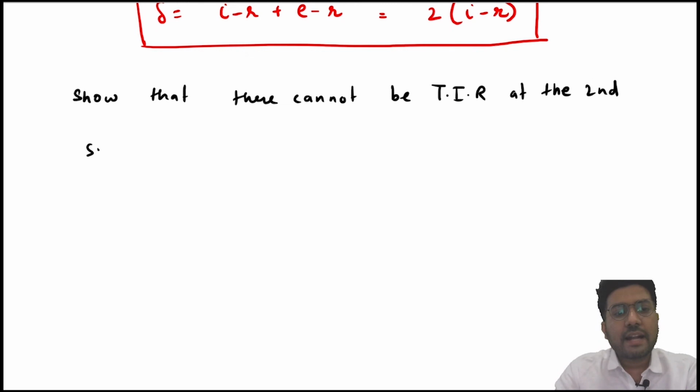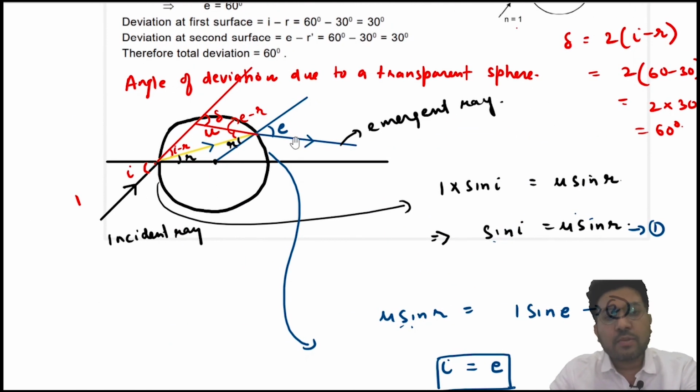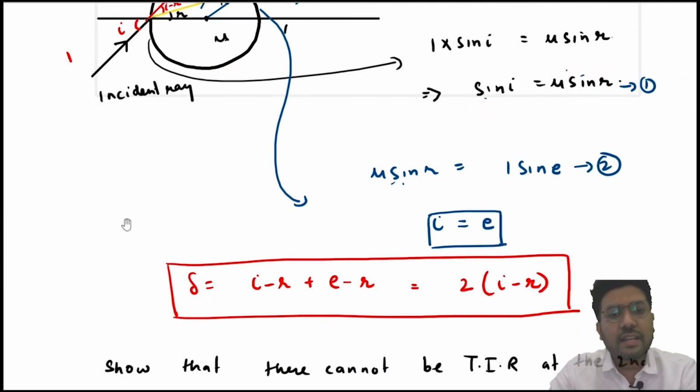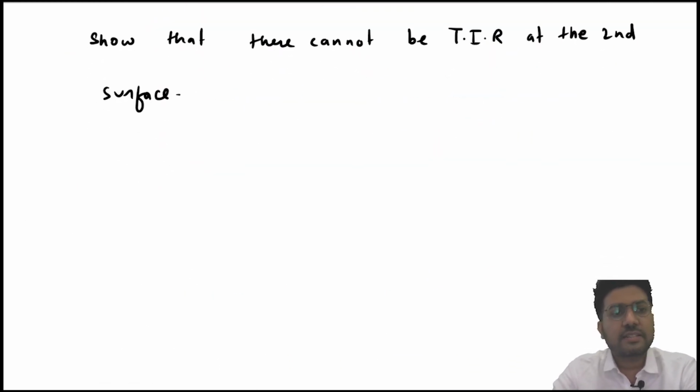You know that at the second surface, light is traveling from denser medium to a rarer medium, because this is 1, this is mu, this is 1, right? So light is traveling from a denser medium to a rarer medium. So there is a possibility that there can be TIR, or total internal reflection. But we need to show that there cannot be total internal reflection at the second surface in case of a sphere. Listen carefully now.